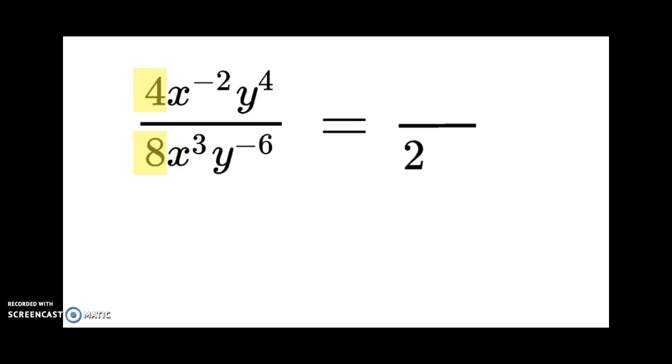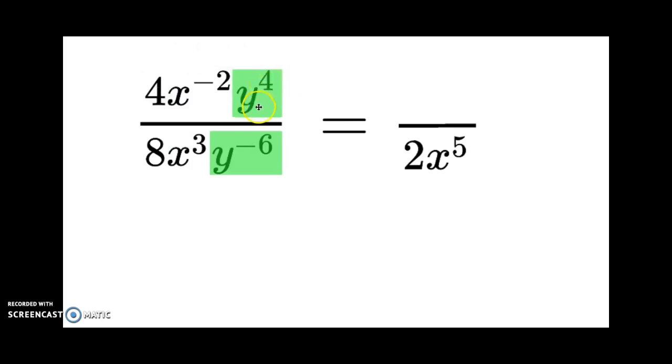Now let's take a look at the x's. Subtract the smaller exponent from the larger, so we have 3 minus a negative 2, which, minusing a negative, becomes positive, so it'll be 3 plus 2, which is 5. Notice how the larger exponent is at the bottom, so leave it at the bottom, x to the 5th. Now we take a look at the y's.